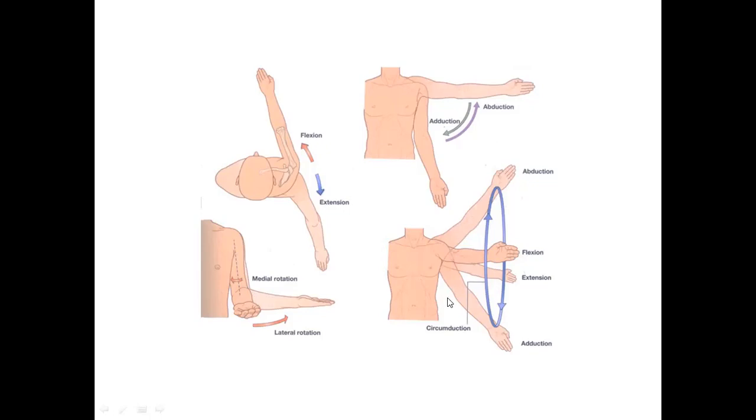In circumduction, the movements we discussed, this is the cone-around movement, and the cone is at the joint. This is the narrow part of the cone, and this is the wide part of the cone. So this is how the cone is formed.